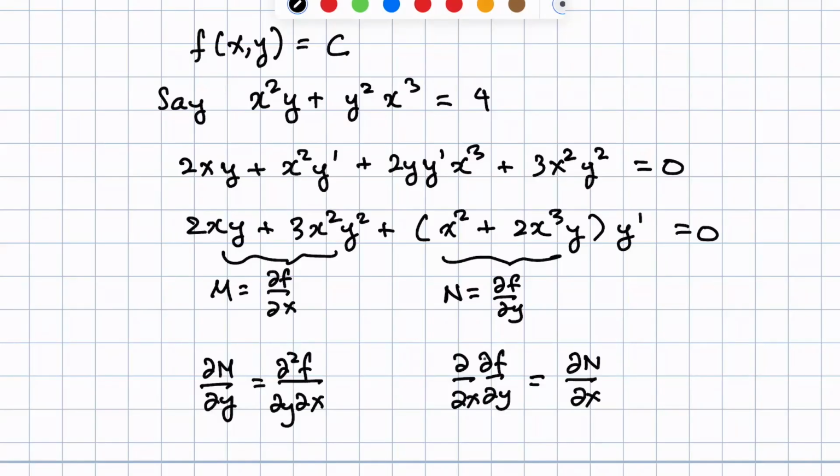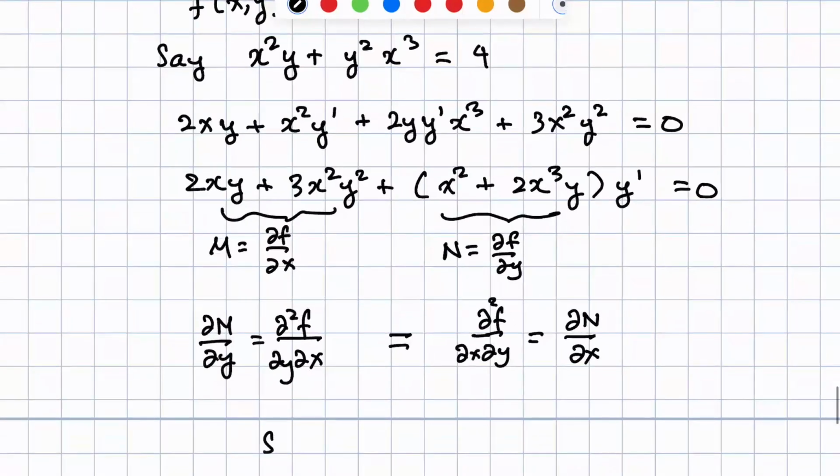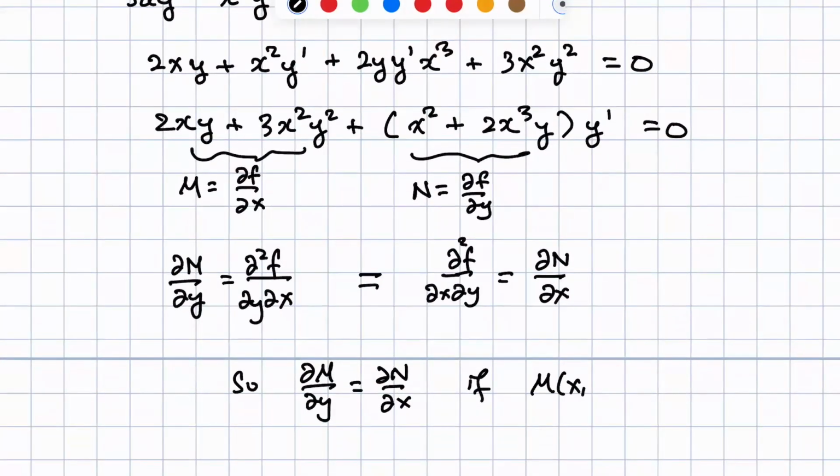And I know that these two objects are the same. So therefore, dm dy equals dn dx if this differential equation, m of xy plus n of xy dy dx equals 0, comes from implicit differentiation.